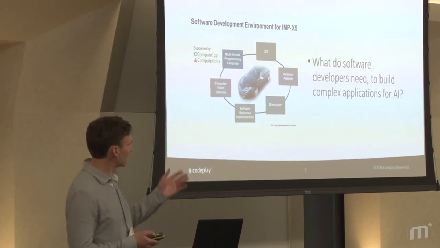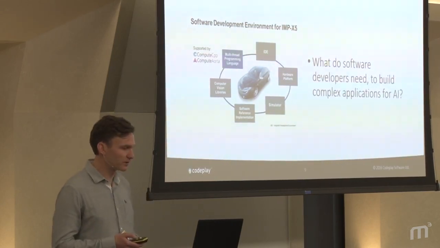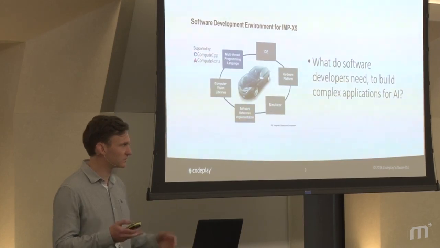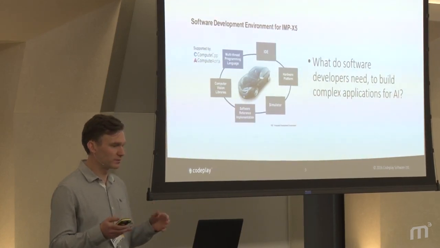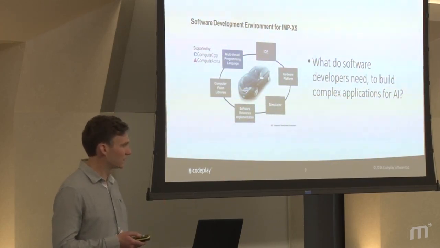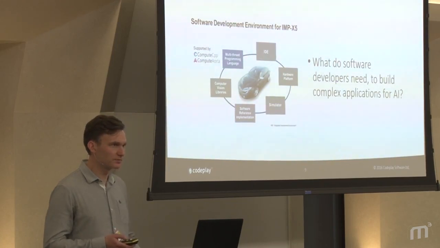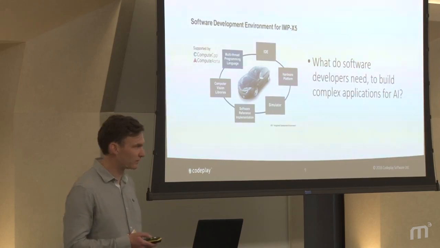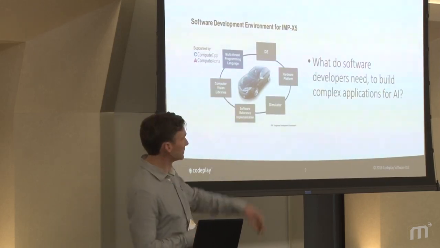And this is a picture from one of our partners that we work with, Renesas, but it's trying to show all the different things that a developer needs in order to build a machine learning or any sort of application for some sort of vehicle, whether that be autonomous or not. So the bit that we're involved with is the bit that's highlighted there.